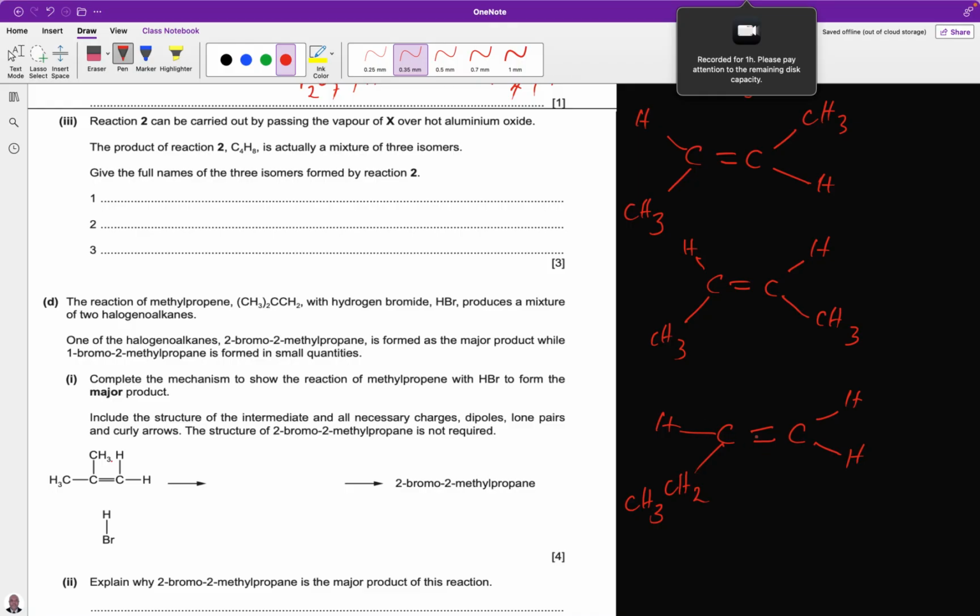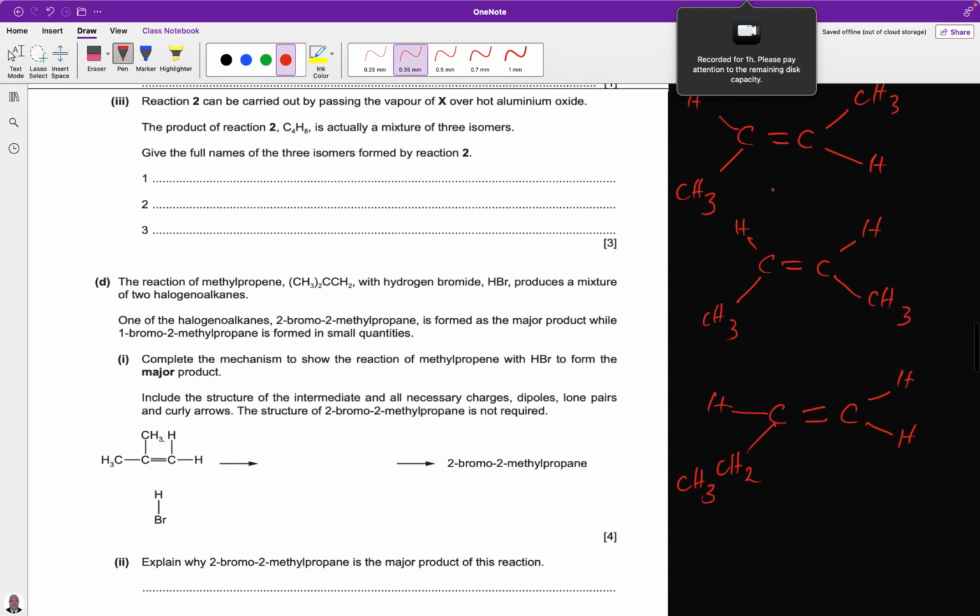We have cis. The first one, if I were to name it, this one is trans isomer, trans butene.